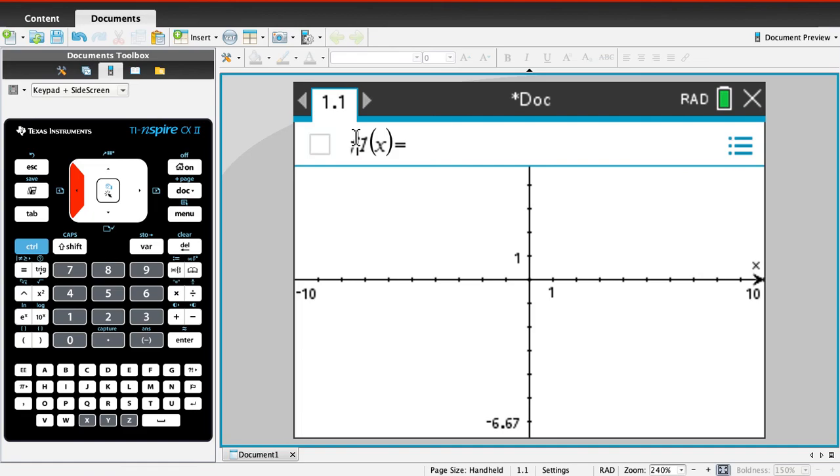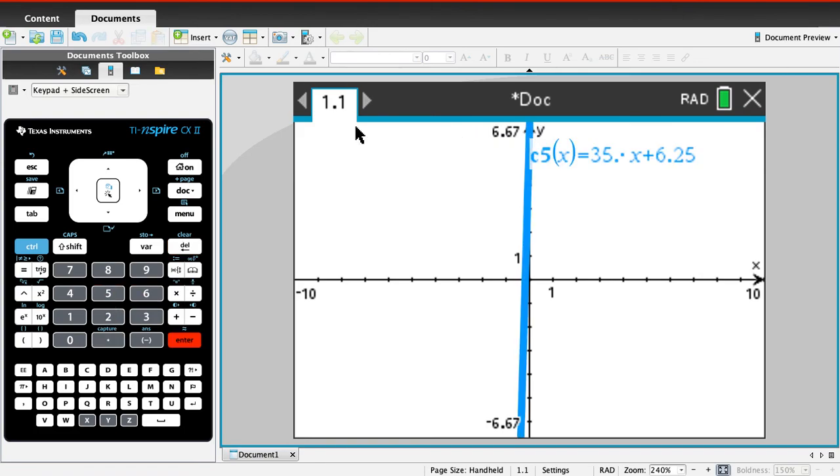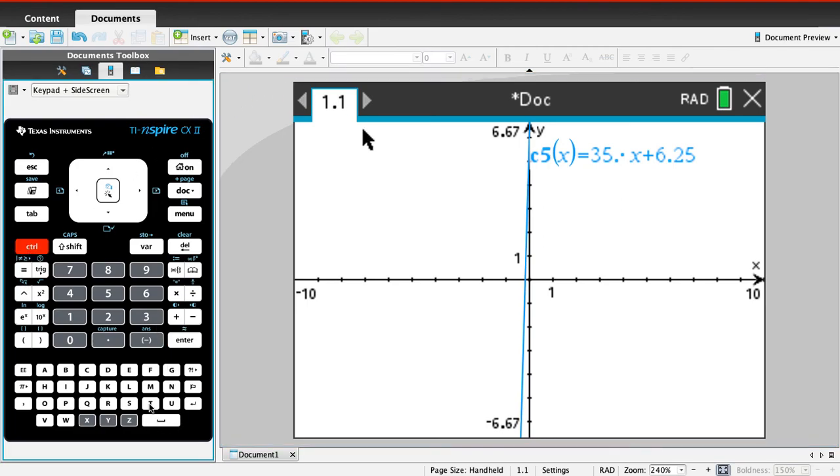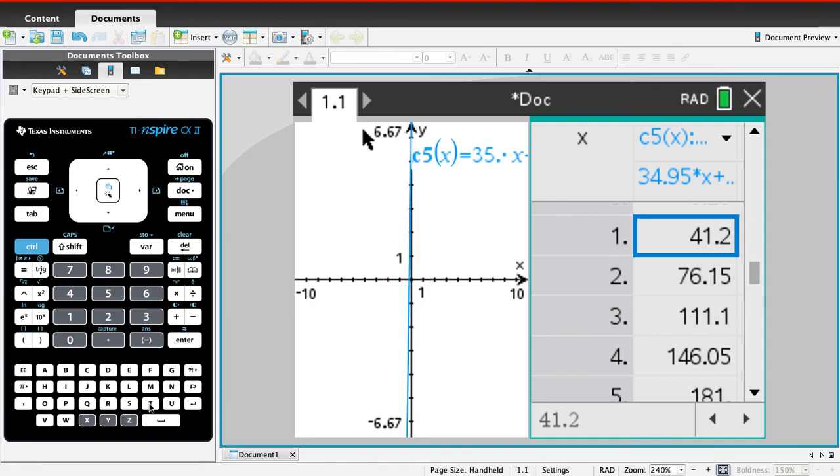So I'm going to call this C5, because this is question 5, of x. The equation is 34.95x plus 6.25. So I got some kind of line. Now I'm going to go ahead and look at my table. Control T. All right.